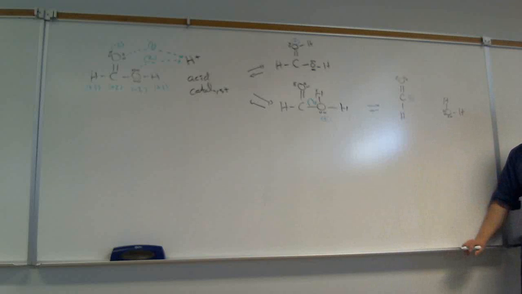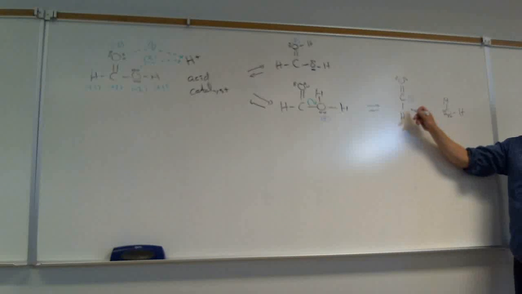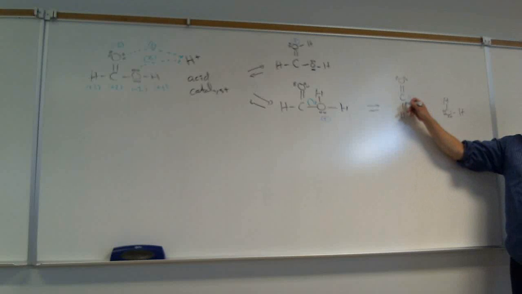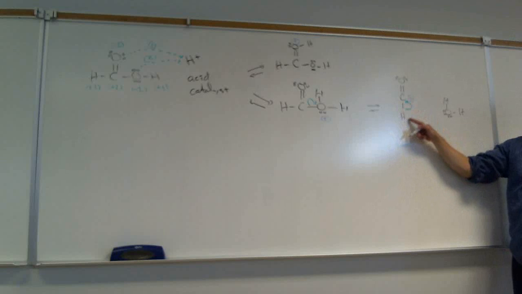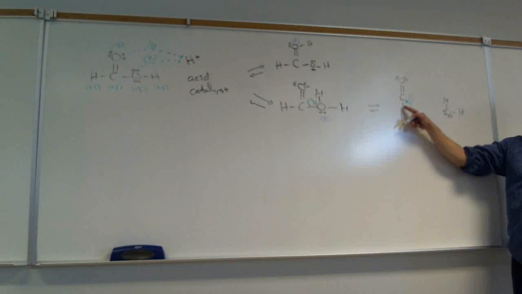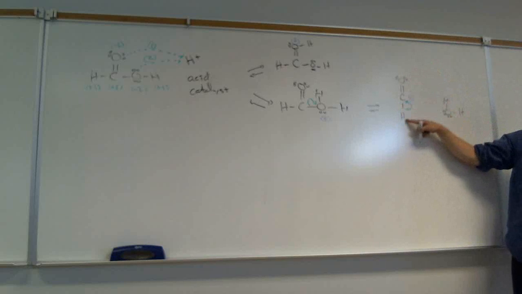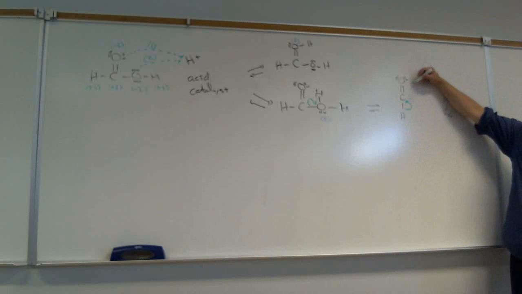And then this carbon can pull the electron density from the hydrogen. So it takes these electrons. Has to be some other collision. Maybe something plucks off that hydrogen. But carbon still lacks an octet.